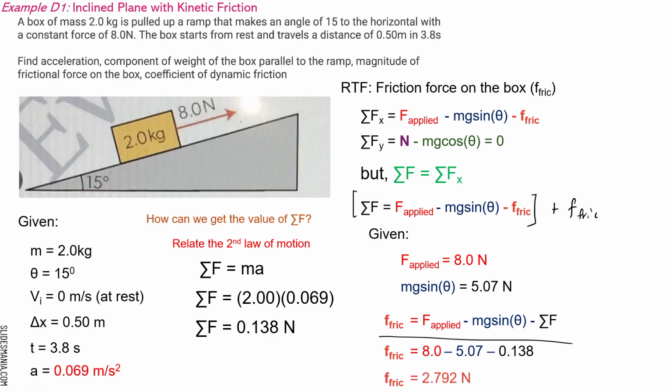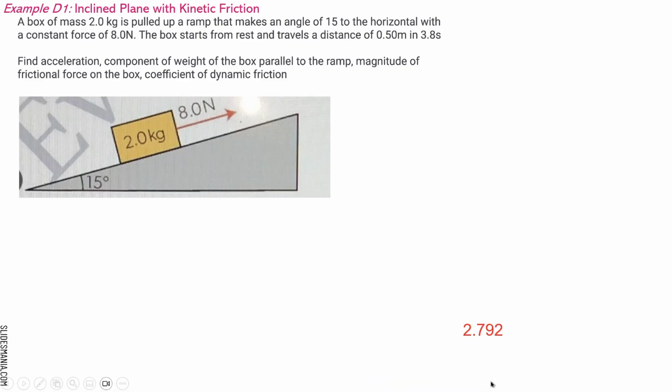So we find that the frictional force that the ramp applies on the box in order to oppose that sliding motion going up is 2.792 newtons. Okay, so that is the answer for the third part of the problem. The friction force on the box that the ramp applies is 2.792 newtons.